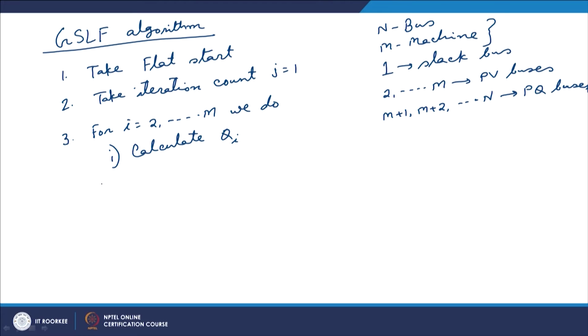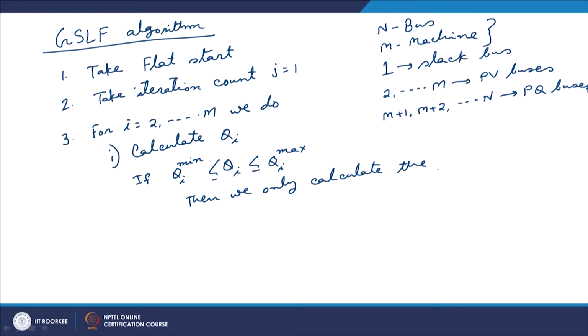Then if Qi is within the limit, Qi min to Qi max, then we only calculate the bus voltage angle, keeping Vi equal to Vi specified.